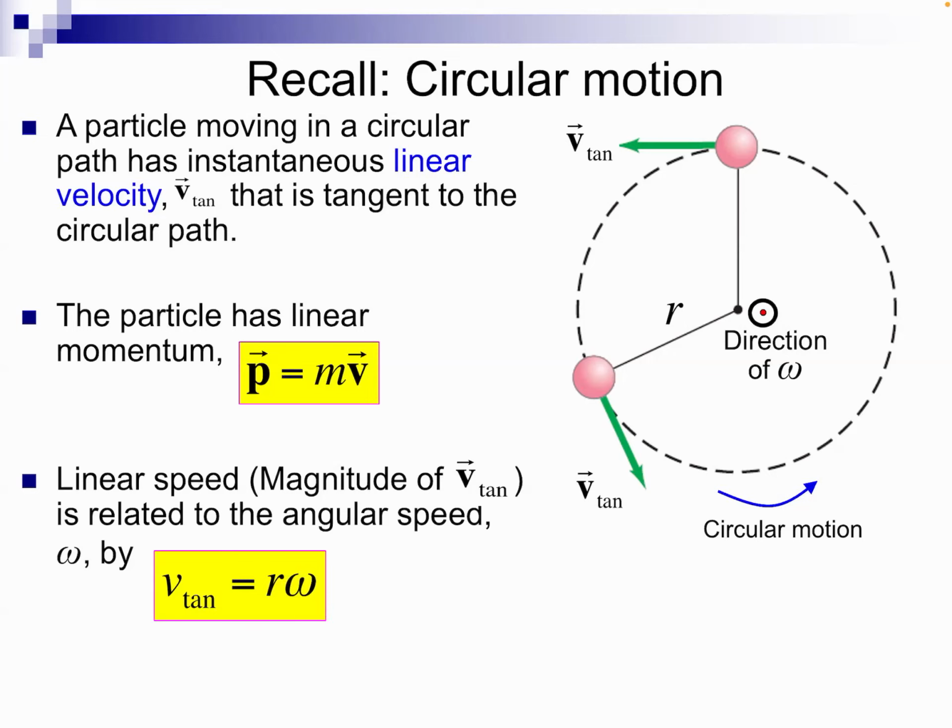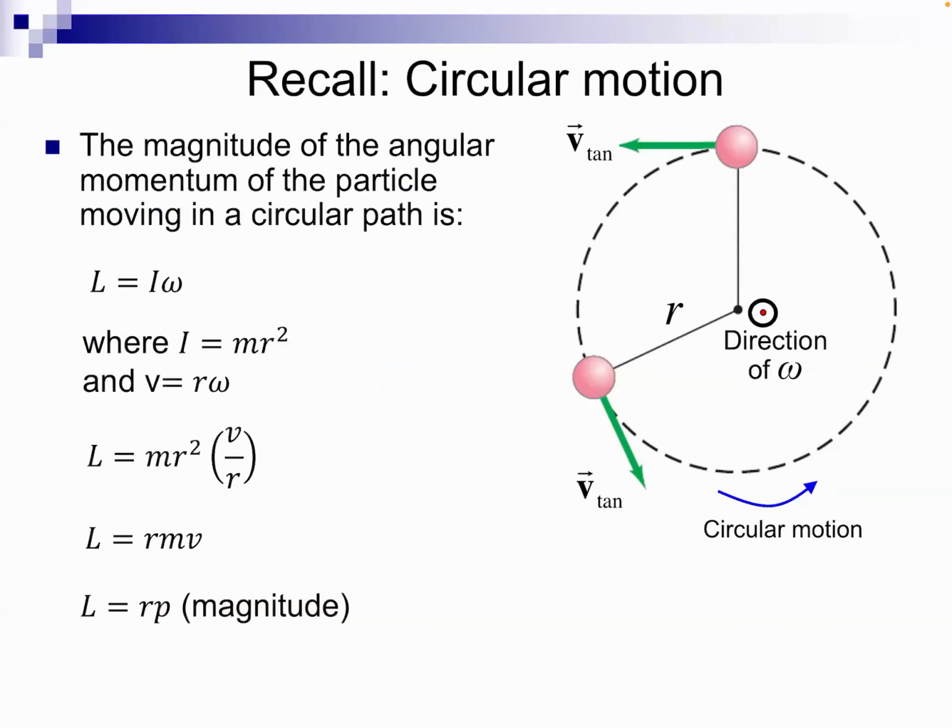Then if we want to find the angular momentum of this rotating particle that has some linear velocity, we can still use the general definition for angular momentum, which is the moment of inertia times angular speed. This time, the moment of inertia can be defined as the mass times the distance of the mass from the axis of rotation, so in this case, that's r.